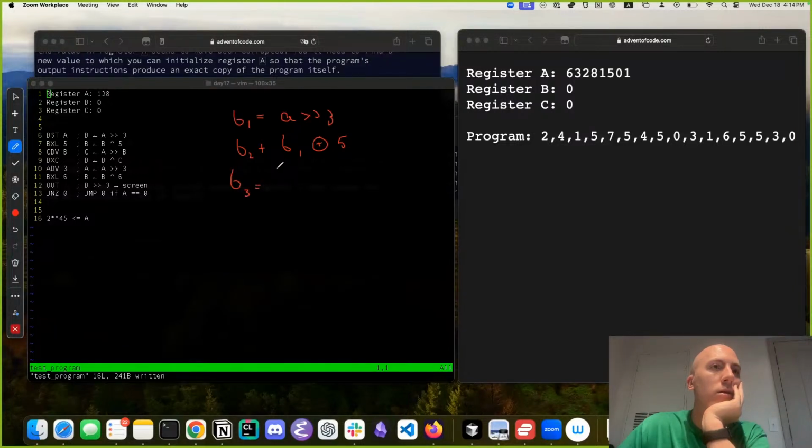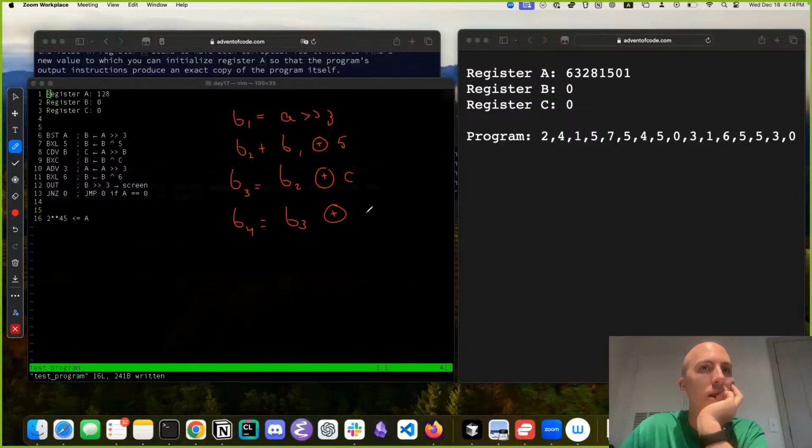B3 is equal to B2 XORed with C. B4 is equal to B3 XORed with 6. And then we take B4, shift it by 3, and that goes out to the screen.